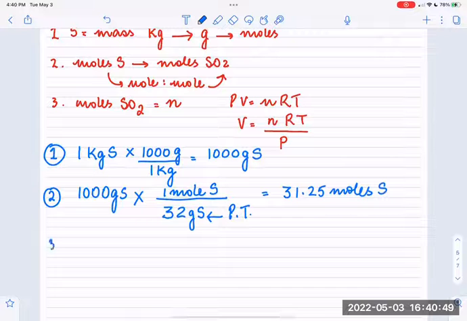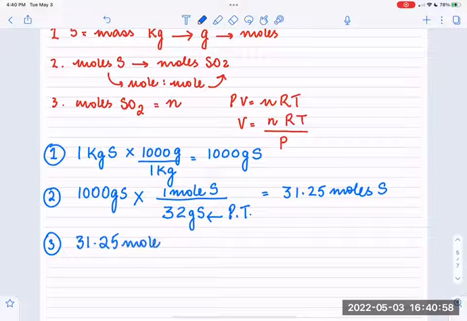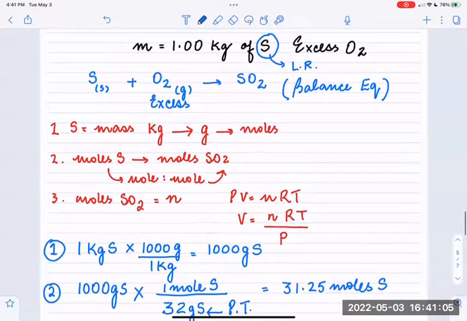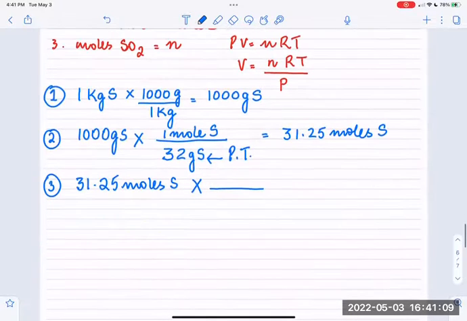Okay, next comes the moles of sulfur dioxide. So 31.25 moles of sulfur times, from the balanced equation, 1 mole of sulfur dioxide is formed when 1 mole of sulfur reacts.